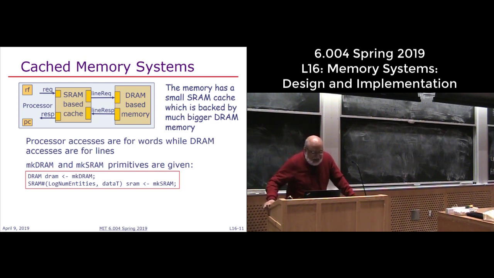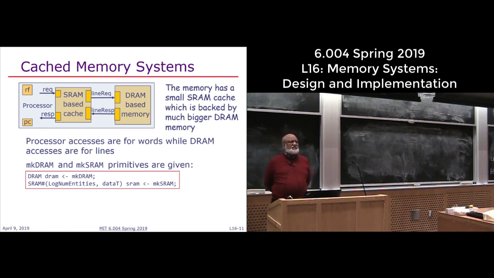And similarly for SRAM, we will assume that when we make an SRAM, you will get something of a specific size, and we are specifying the size in terms of how many lines it has and what the exact data type is. So whether it's 1 bit wide or 1 word wide or 1 line wide, etc.